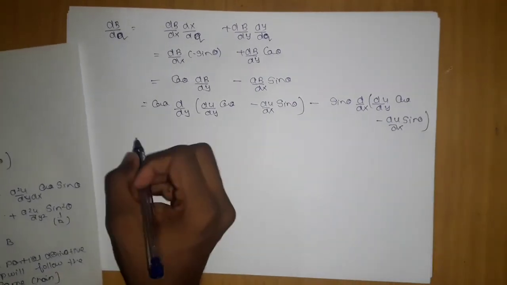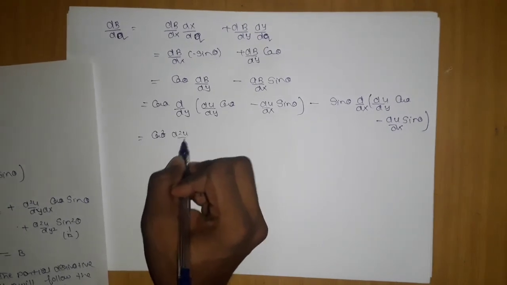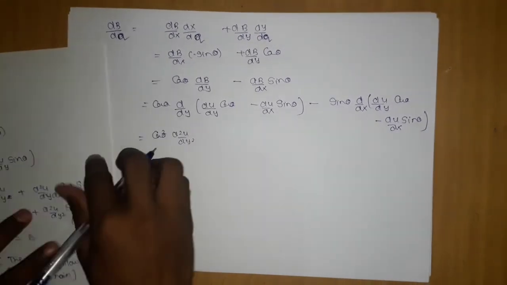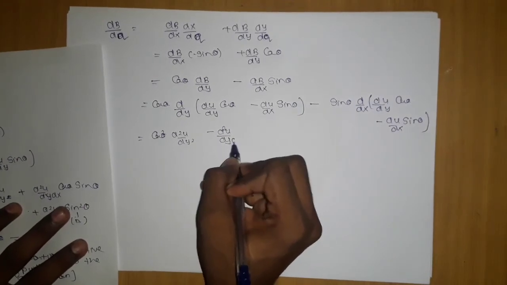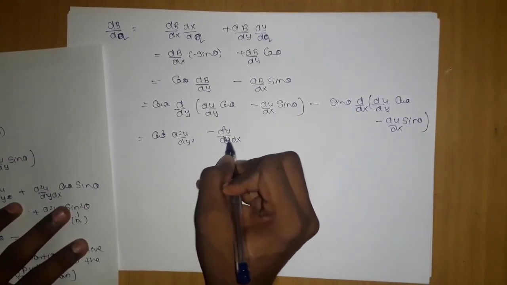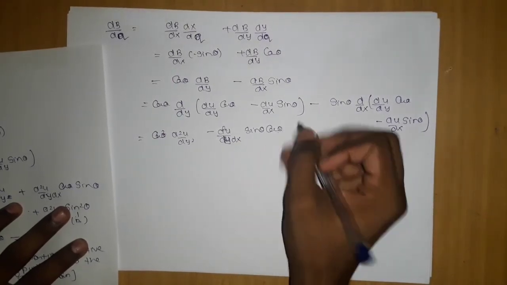We are going to simplify this: cos square theta into dou square u by dou y square. Here it will be minus dou square u by dou y dou x into sin theta into cos theta.